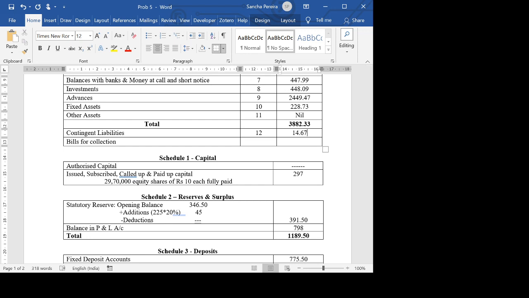And you have bills for collection is 1810. Okay, so 18 lakhs 10,000. So here it will be 18.1.